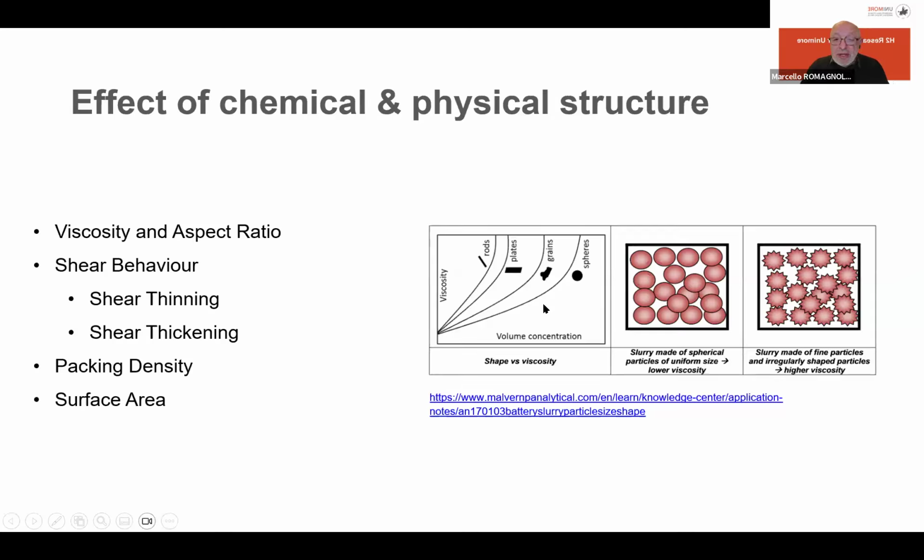From this graph, shape versus viscosity, you can see that particles with the shape of rods increase the viscosity a lot with respect to, for example, spheres, and can also determine the behavior of the system in shear conditions.